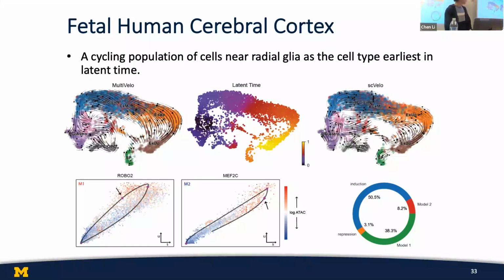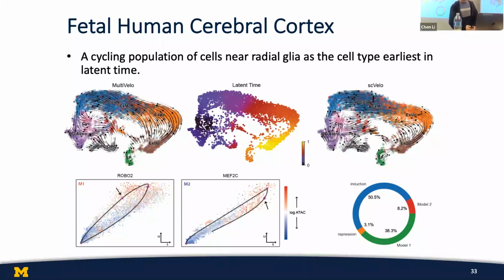The root cell is predicted to be a cycling population next to radial glial cells, and then it goes into the erythrocyte direction to the OPCs and to the neuronal lineages up to the upper layer and the deep layer. The latent time prediction agrees well with the velocity stream plot, where the cycling population is the earliest time point.